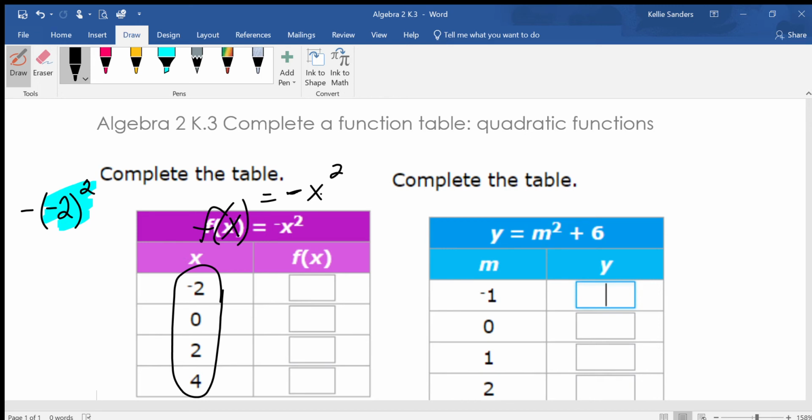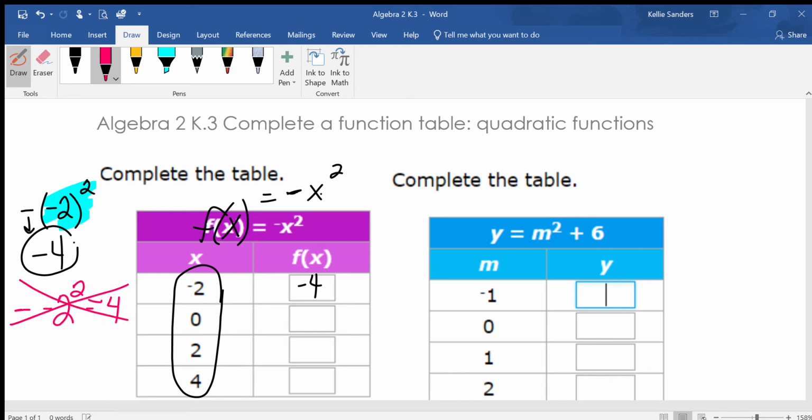A negative 2 times a negative 2 is 4, but then we have to bring this negative down, so the answer is negative 4. But if you put a negative 2 squared in the calculator without using parentheses, it's going to give you a positive 4, which is not what we got to begin with.